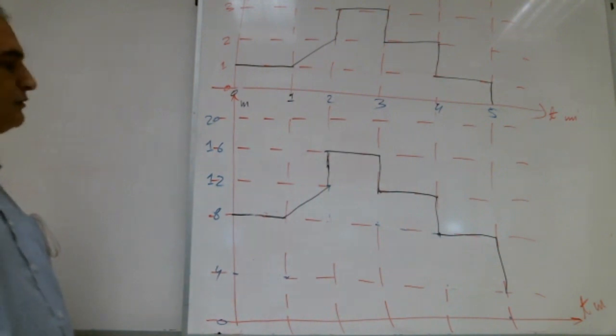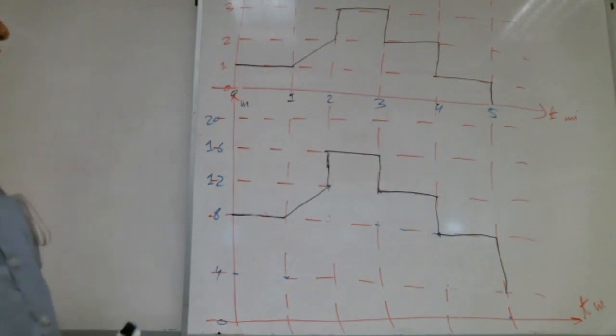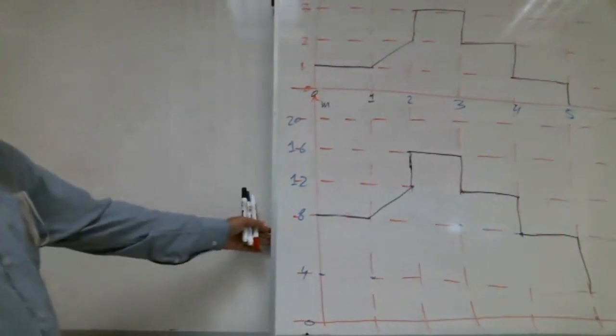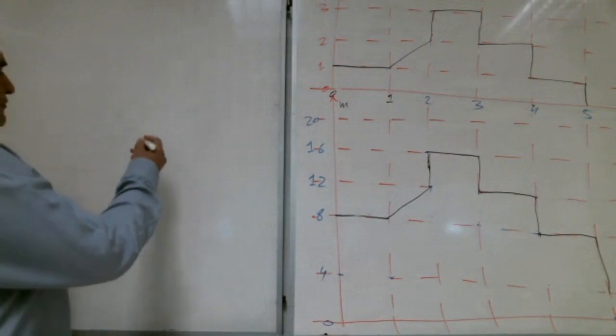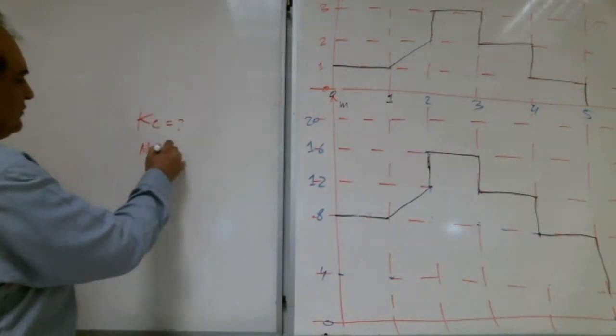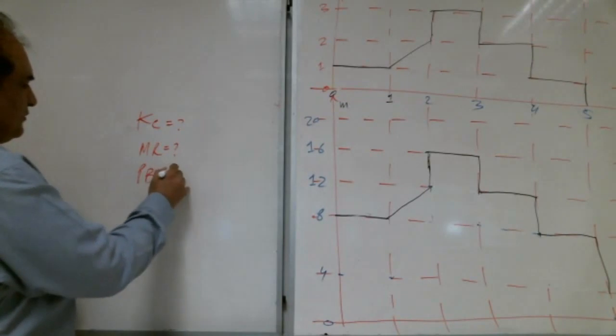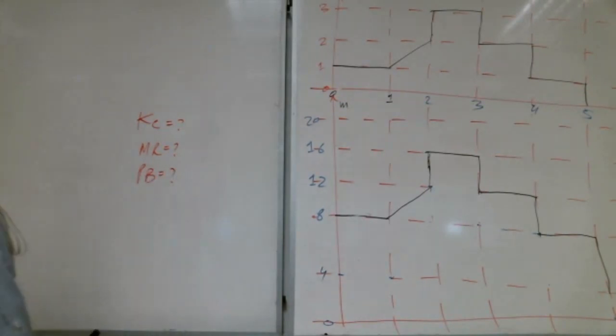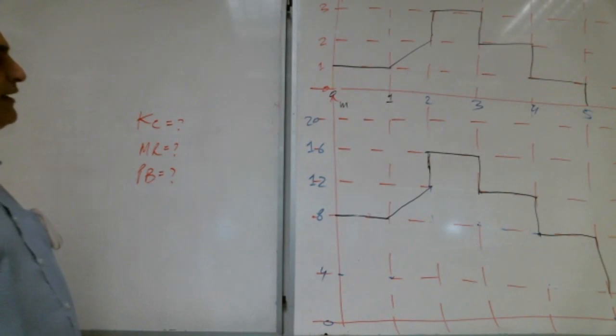Shabab with me? Yes. Now we need to find KC, MR, PB. That's what we all need to find.